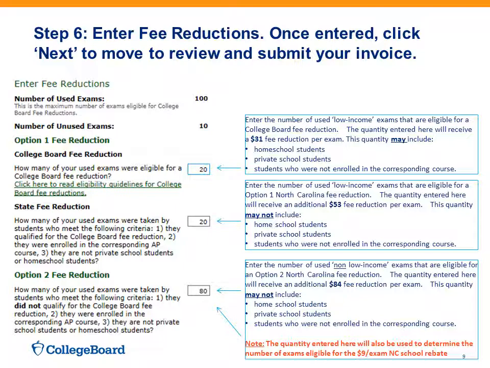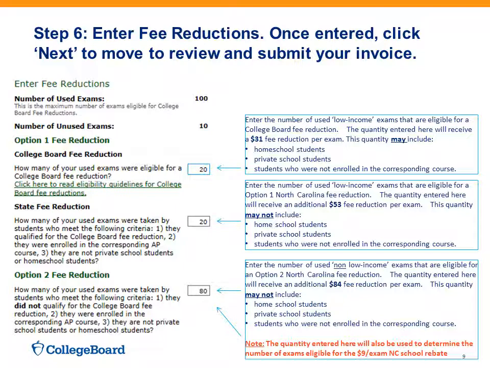Keep in mind, this first quantity may include homeschool students, private school students, and students who were not enrolled in the corresponding course, but those students will be paying you for their exam. Those 3 categories of students. Only the public school students who were enrolled in the AP course will be paid for by the state, the $53.